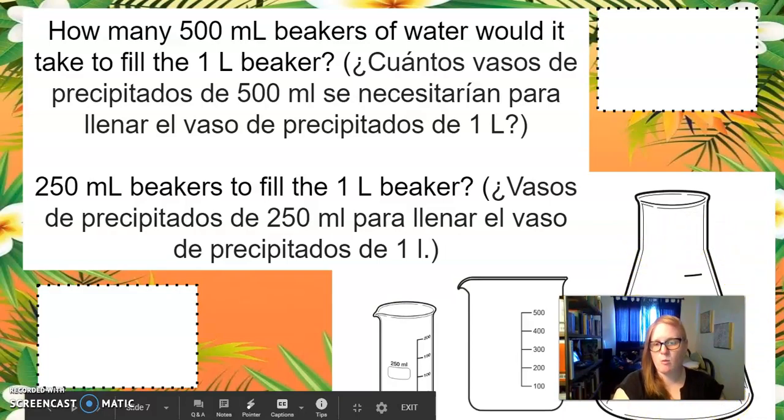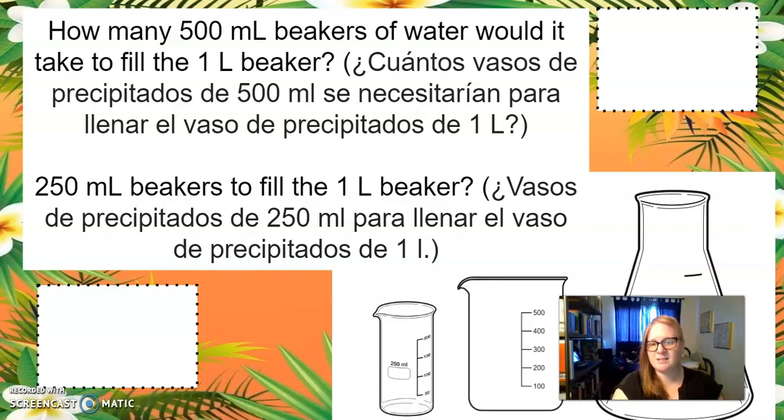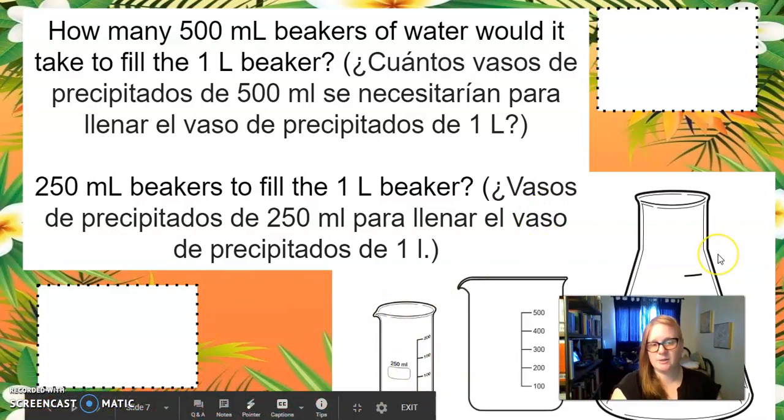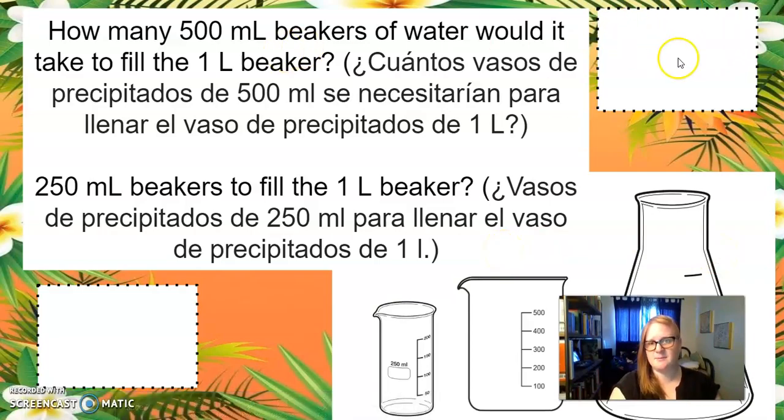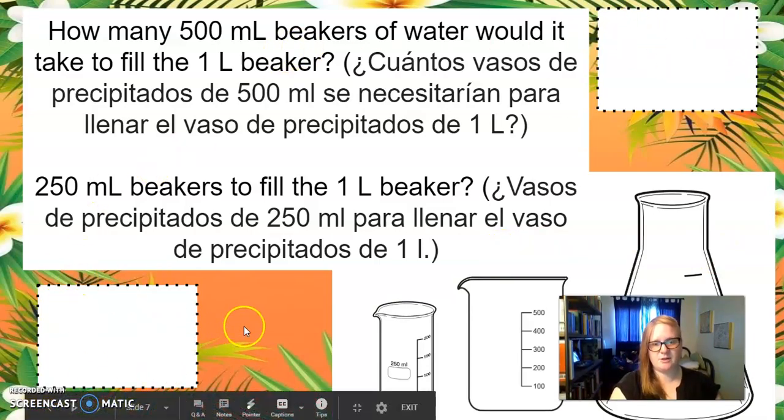Remember that 1 liter, which it says underneath my video, is 1,000 milliliters. So how many 500 milliliter beakers would it take to fill the 1 liter beaker? How many would it take for the 250 milliliter beakers right here to fill the 1 liter beaker? And so the answer for this one is up here, and the answer for this one is down here.